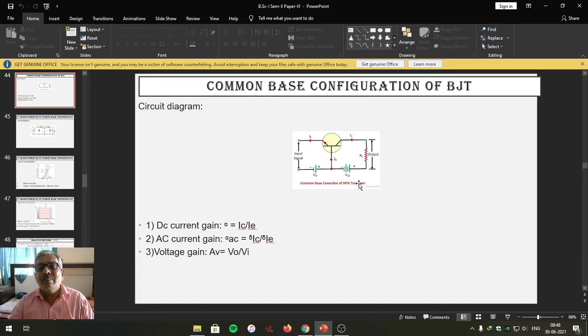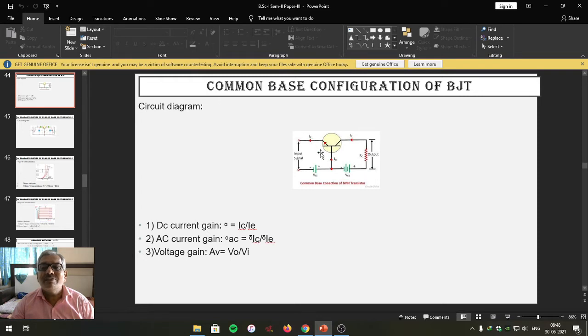Student friends, as usual, due to biasing of BJT, the input junction is forward biased and output junction is reverse biased, by the battery VEE and VCC respectively. As the input junction is forward biased by battery VEE, naturally at a particular voltage of the input, now the emitter will start emitting the charge carriers.